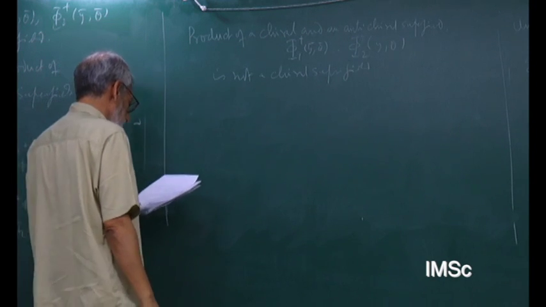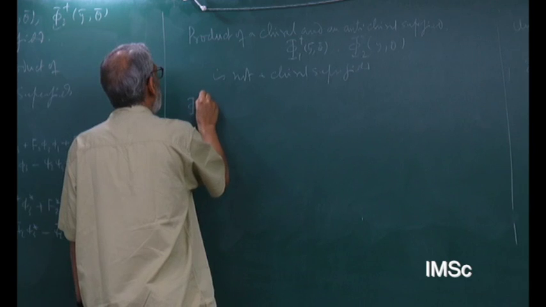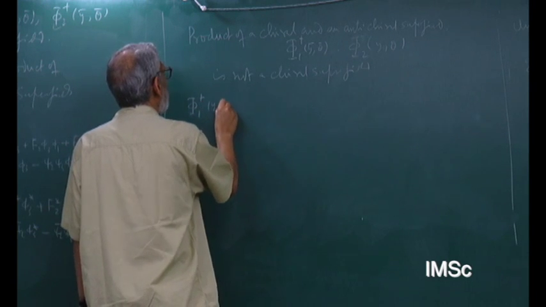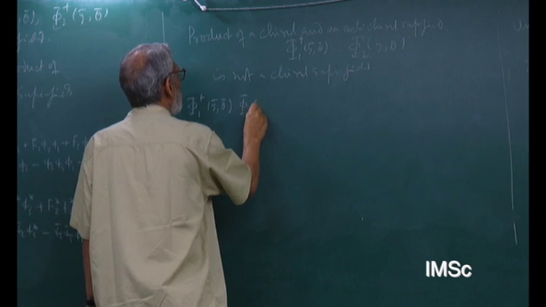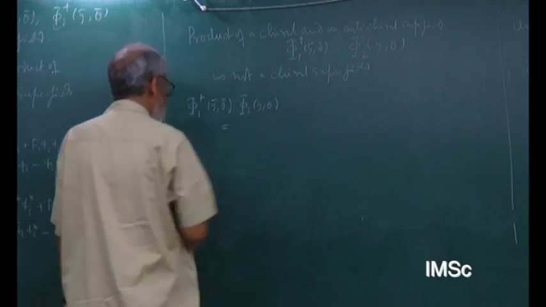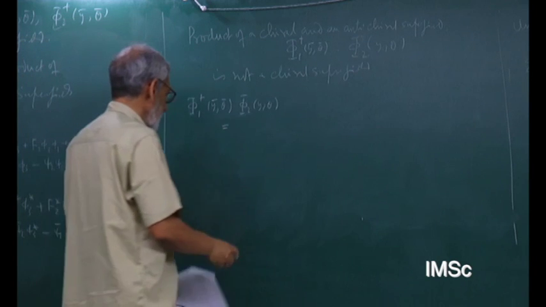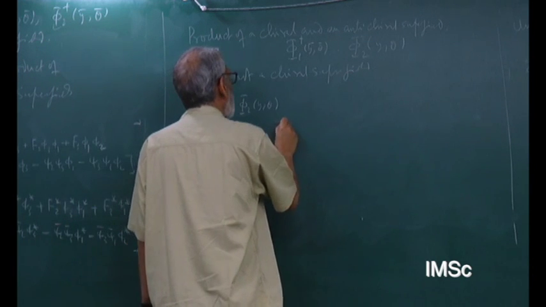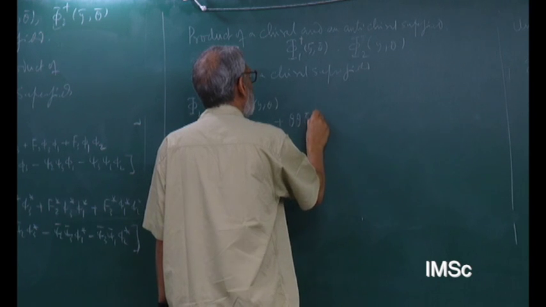But what you can do is this exercise: take phi 1 dagger of y bar theta bar and phi 2 of y theta, write them in components, and make the expansion and pick up the term theta theta theta bar theta bar.